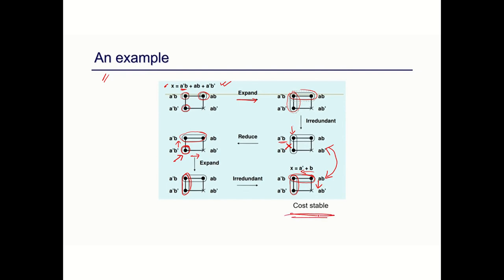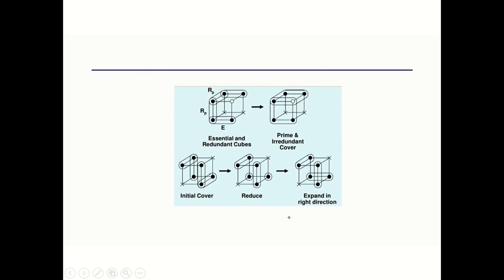After verifying all the redundant onsets, we just need to verify whether we cover all the onsets or not, and we come across the stable cost position. Then again we'll pattern this one.